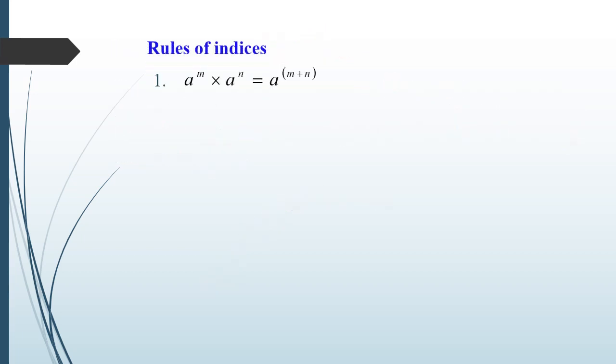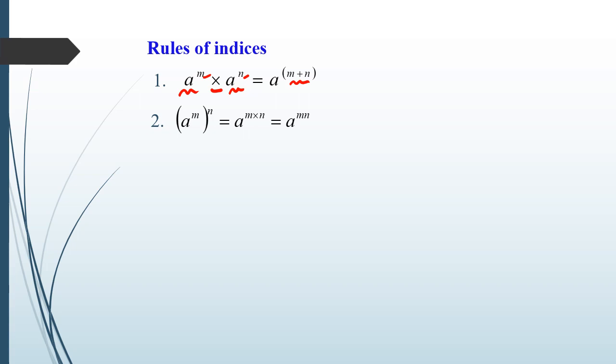This is important in solving indices equations. The first one: when a to the power of m is multiplied with a to the power of n, we notice that we have the same base, which is a. So we can simplify this multiplication to a to the power of m plus n.